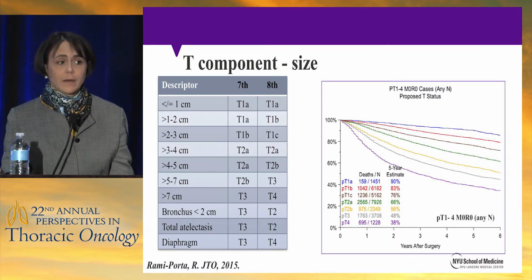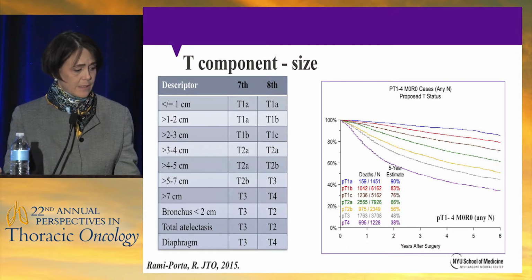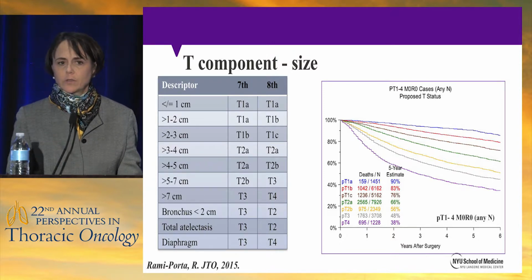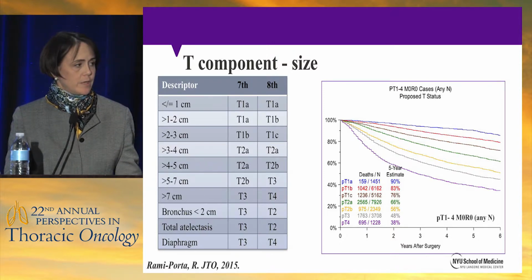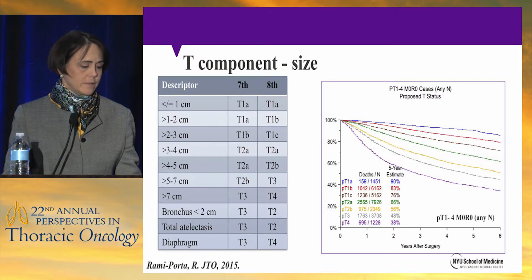Both of those are going back to T2 because they're not as bad as we thought they were, especially if that still represents resectable disease. And surprisingly to me, involvement of the diaphragm, a totally resectable structure, is moving from T3 to T4 due to bad prognosis. As you can see, survival curves play out really nicely with T1A's survival being 90%, which is pretty impressive.